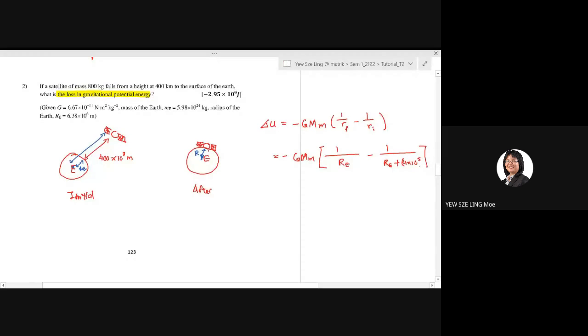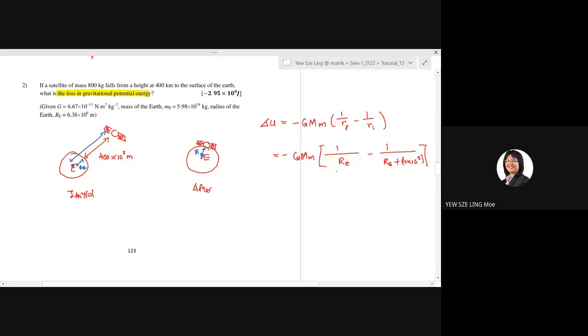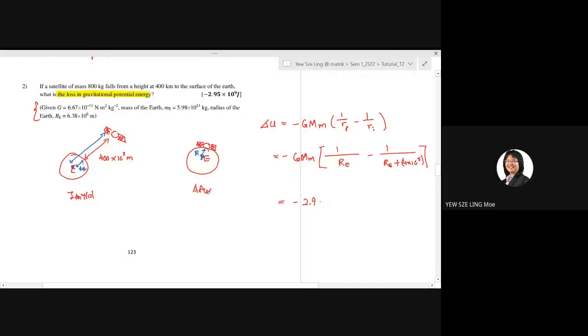Now you plug in the values, all the constant values, the G, the M, the R, they are all given in the question. Then you should be able to obtain negative 2.95 times 10 to the power of 9 joule.